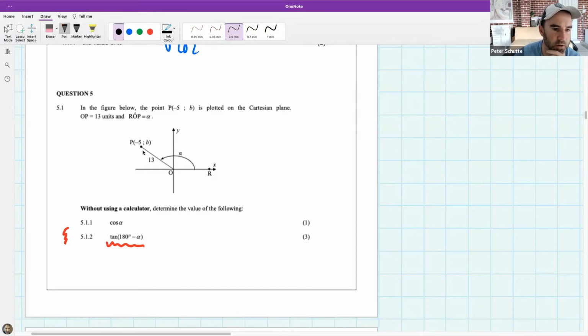While you're thinking about it, I'll just give you a little hint. Whenever you do trigonometry, you need to have three sides of a triangle. And so at the moment, what sides of this triangle do you know and which ones do you not know?